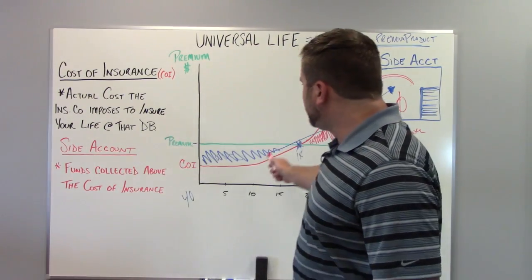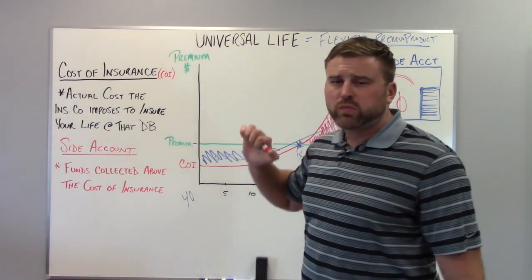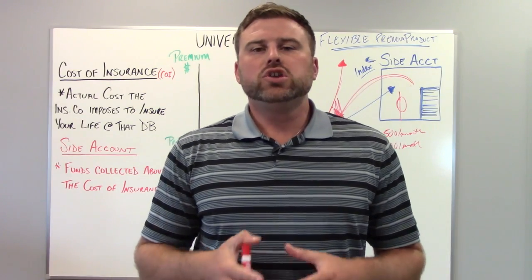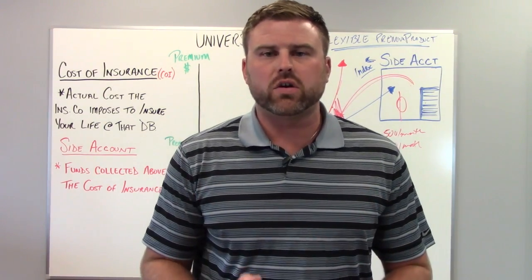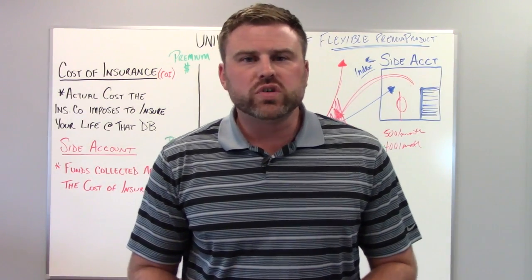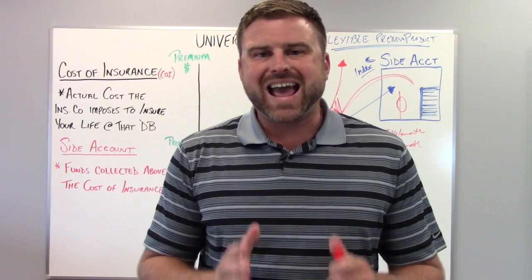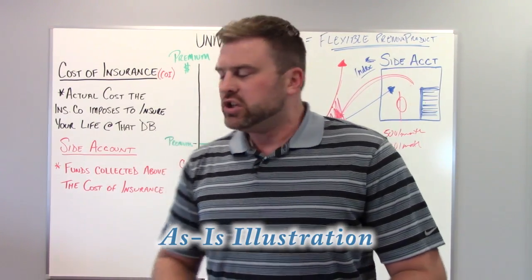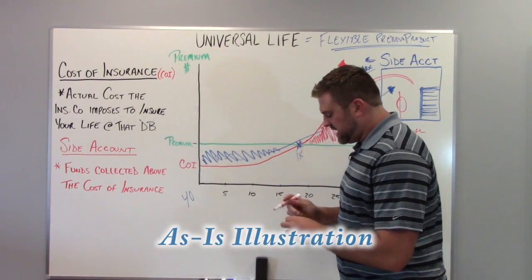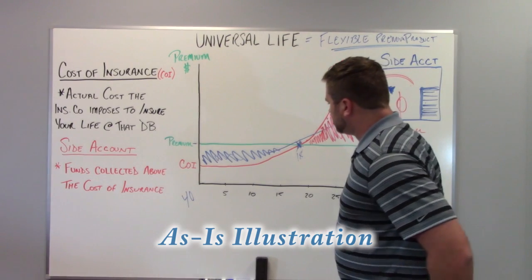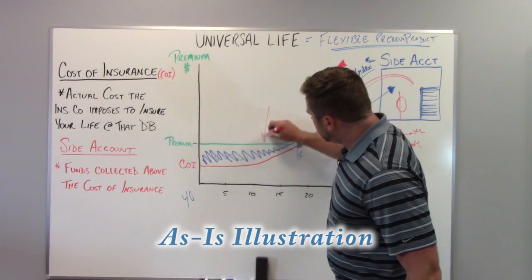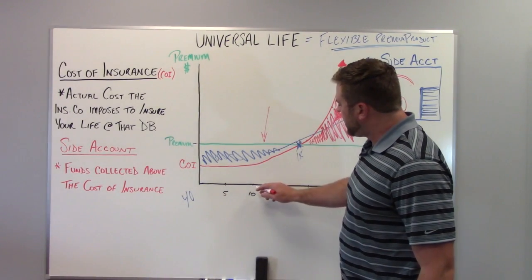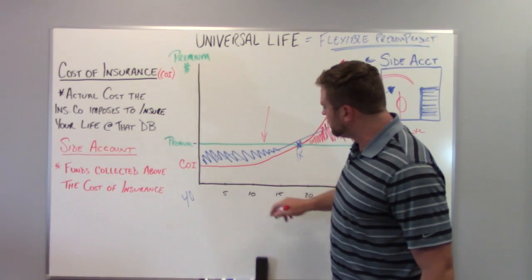So with this type of policy, almost more than any other type of policy, you need to review it at least on an annual basis. Because what you can do is run an as-is illustration. So, for instance, let's say you have one of these policies and you're in year 10. You've had the policy for 10 years, right?